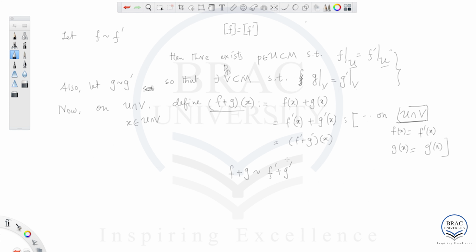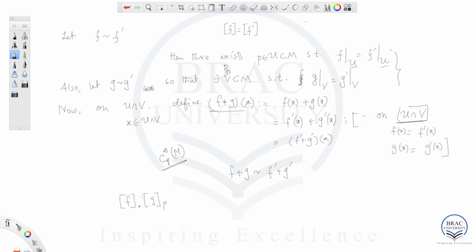Okay, so similarly you can show that equation 2 is also well defined. The product of two elements in the set of germs of smooth functions at the point P on M, right?